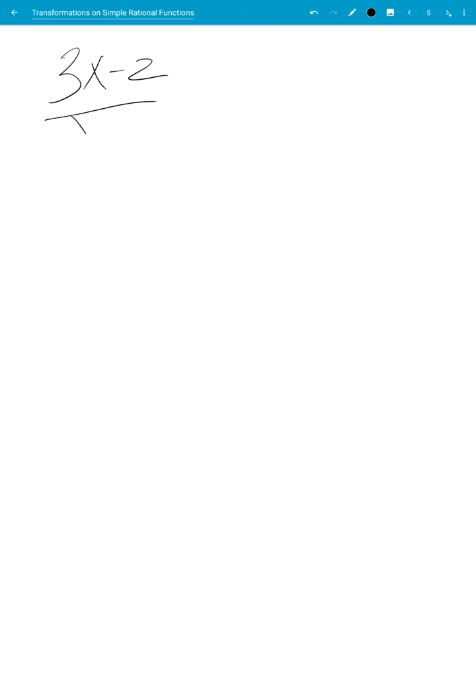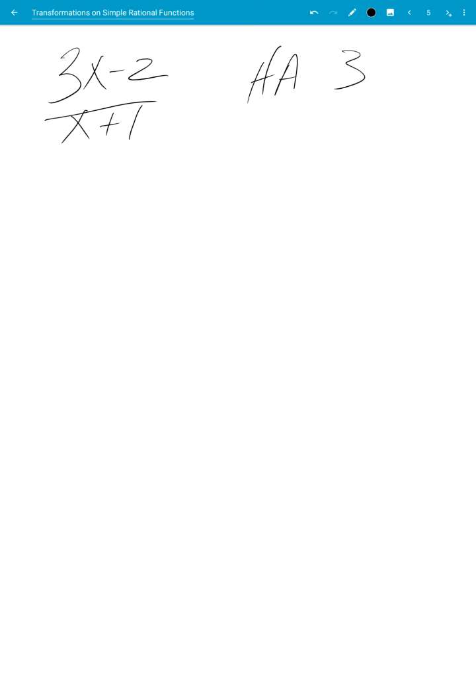So for example, 3b. 3b was, the question was 3x minus 2 over x plus 1. So what's happened here? Well, I see that my horizontal asymptote has gone to 3. So the horizontal asymptote has gone from normally 0 to 3.